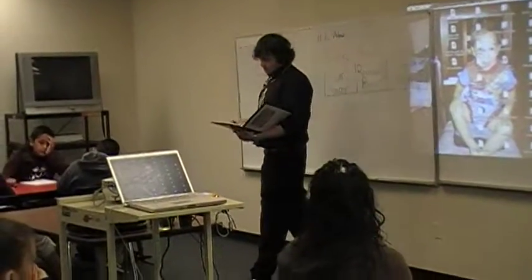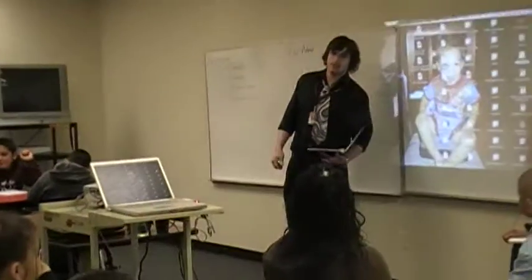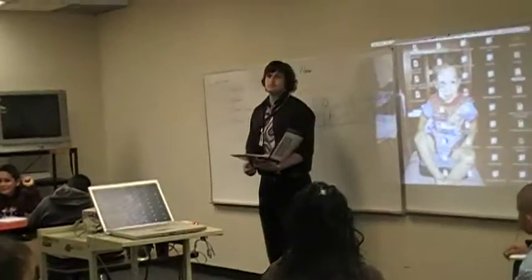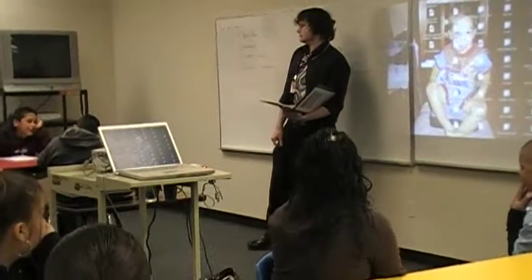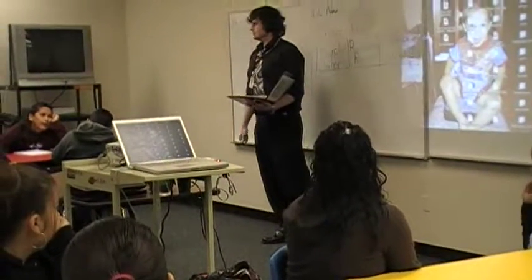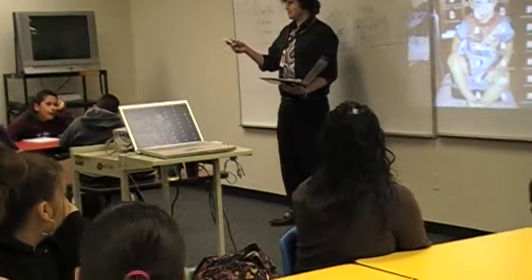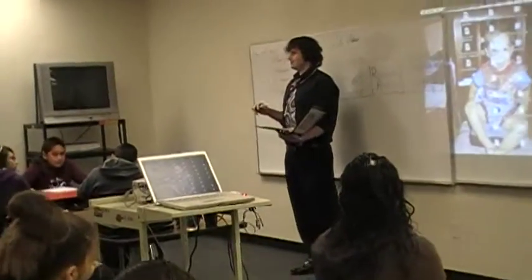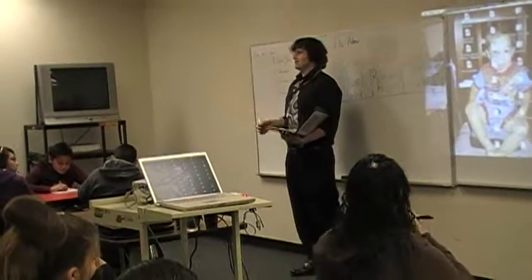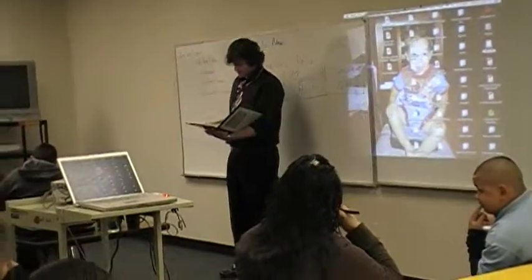So what if I told you that Roosevelt never requested war against Japan? What would have been the main thing that would have happened? We would have never gone in. That's correct. We would have never entered into World War II.